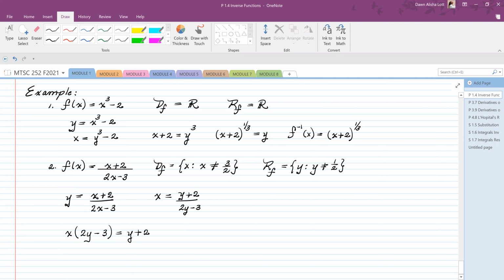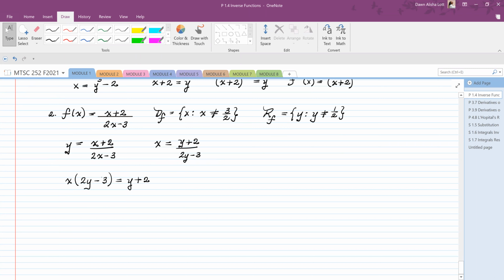So on the left-hand side, I'm going to have 2xy minus 3x is y plus 2.